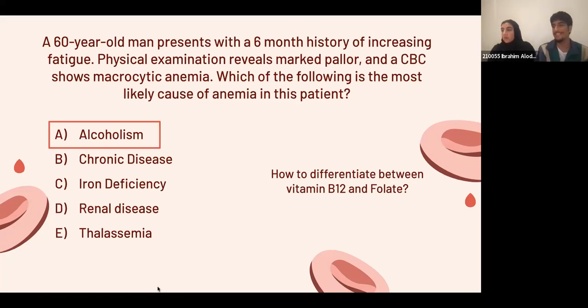Yeah, it's increased. And what about in B9? How is the MMA going to be in B9 deficiency, folate deficiency? Normal. Yep. Usually normal, rarely low, but most likely it's in the normal range. So you all got that concept.